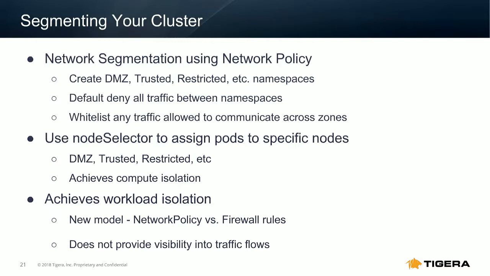Now, this does achieve the network isolation, workload isolation, which was the goal of the zone-based architecture. But one of the challenges here is that this is a completely new model. So we're talking about network policies. We're not talking about firewall rules at this point. And this is just something very new to learn.